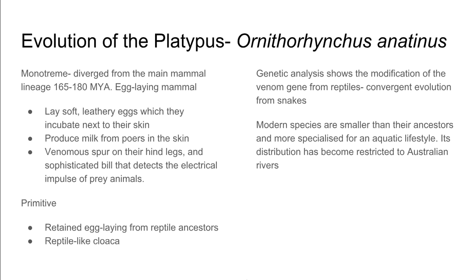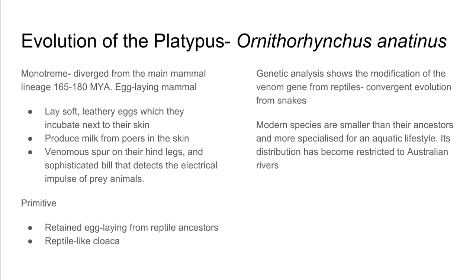If we look at the evolution of the platypus in particular, it is a monotreme that has diverged from the main mammal lineage approximately 165 to 180 million years ago. It is an egg laying mammal. So we know that it lays soft, leathery eggs. It produces milk from pores in the skin, and they also have a venomous spur on their hind leg and a sophisticated bill that detects electrical impulses of prey animals.